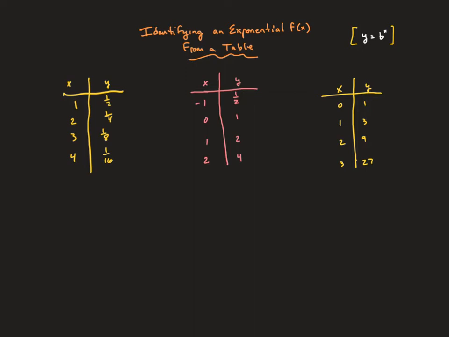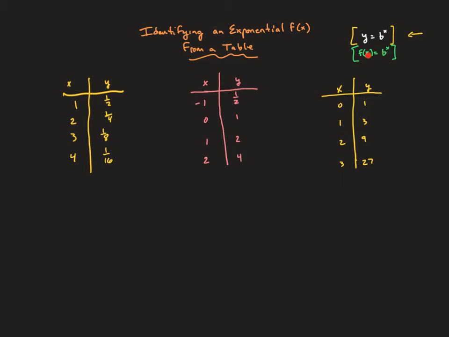You may recall from algebra, as I look at my parent function here, y equals b raised to the x power, or f of x equals b raised to the x power, some of the characteristics that you're going to see: as my x value increases by 1, my exponent is going to increase, thereby we're multiplying by the base. That may seem a little bit ambiguous here, but let's look at the characteristics.